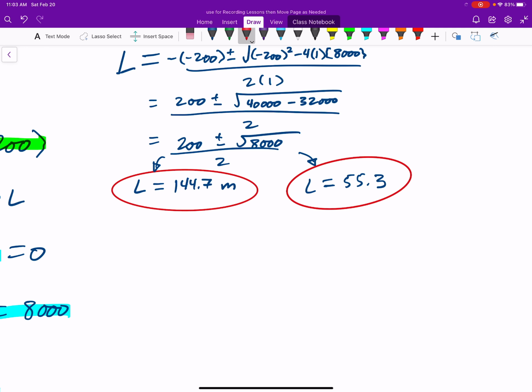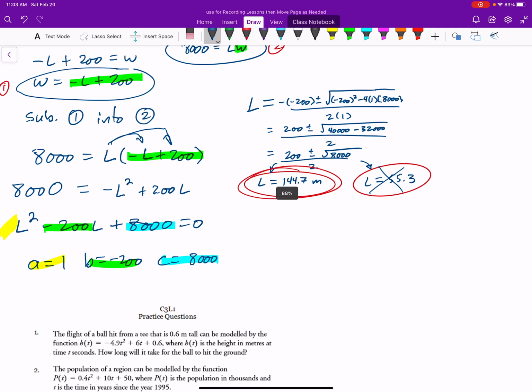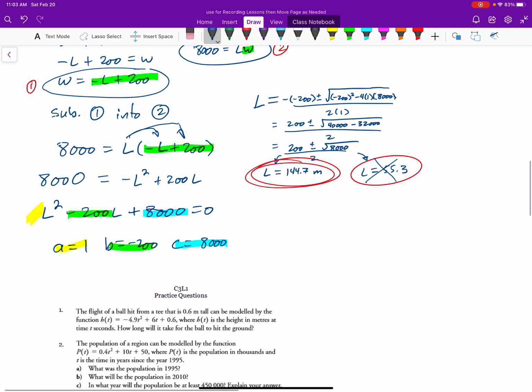Now, by convention, we call our longer side the length. So let's say that we take this one here as our length. Right, so length is 144.7. Remember, we can always get our other value by plugging it into one of our equations. So let's say I plug it into equation 1.